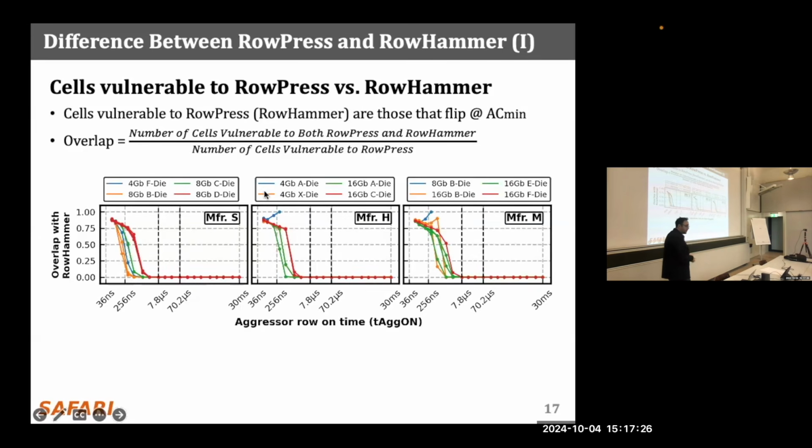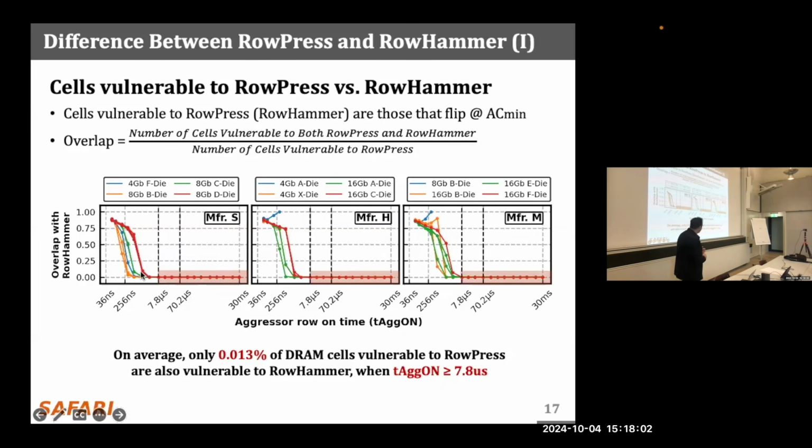And here you can see that we have a large population when the aggressor row on time is low, and as you increase it, it suddenly goes to values very close to 0. So as RowPress gets more dominant going from left to right, the intersection of RowPress and RowHammer vulnerable cells decreases a lot. And 36 nanoseconds, for example, is pretty much RowHammer anyway.